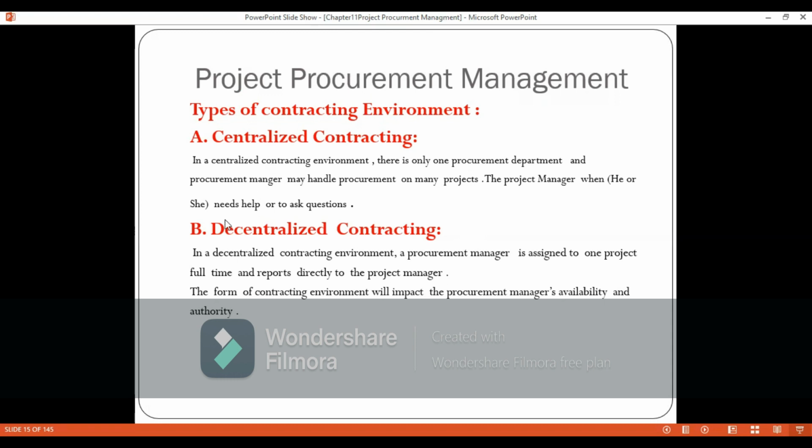But in decentralized contracting, it is much better for the project manager, who has the command line, and the procurement department follows the project manager in making decisions.